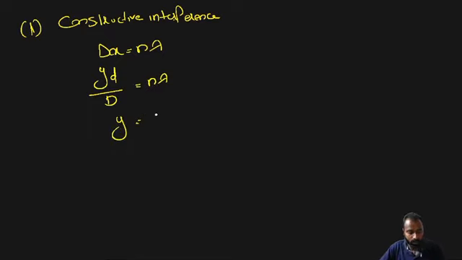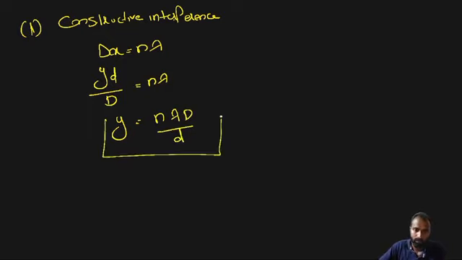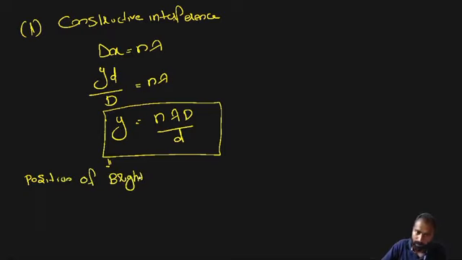So n lambda D by d. This will be the position of the bright spot.